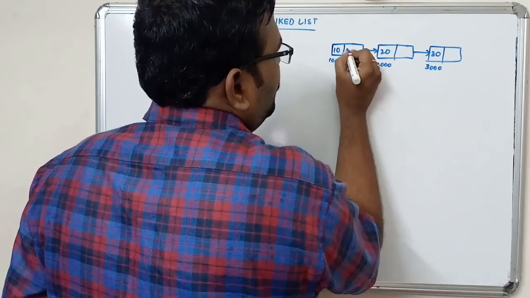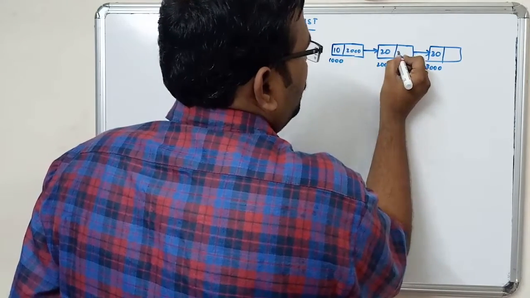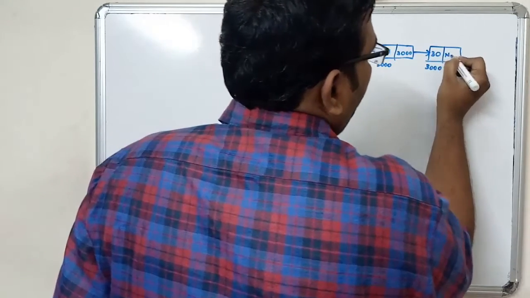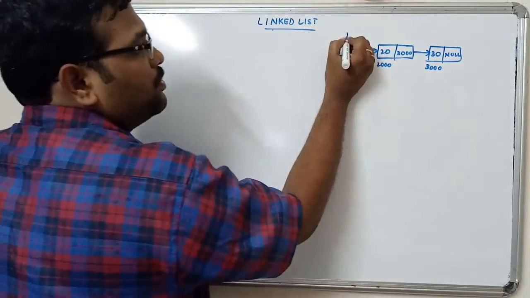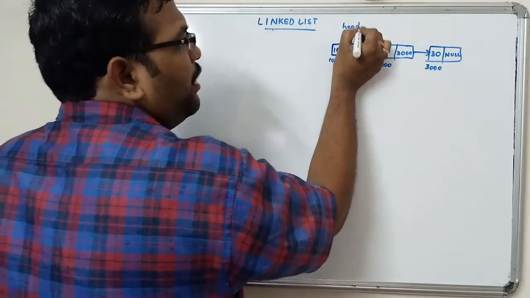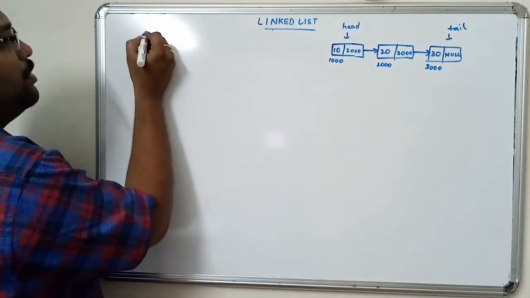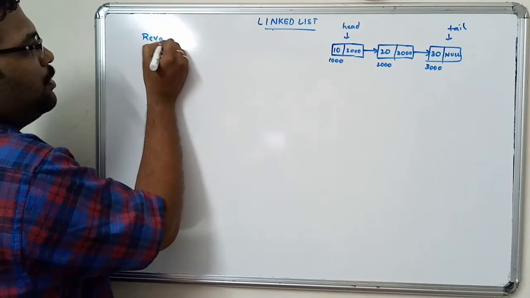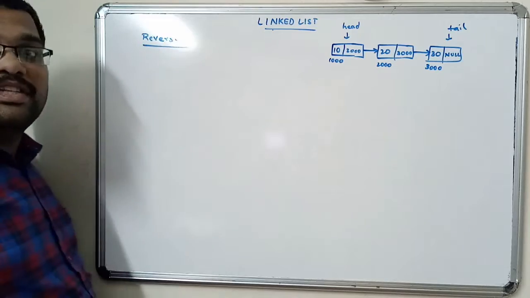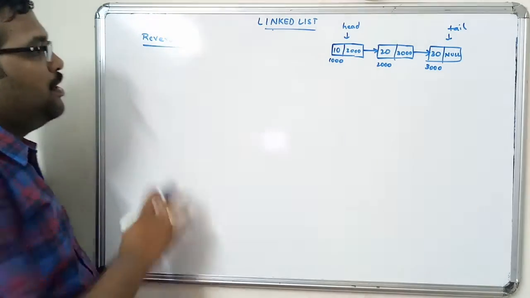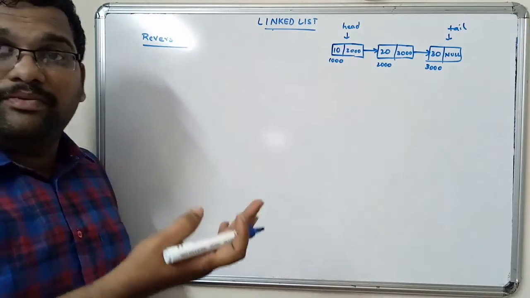So here it will be 2000, here it will be 3000, here it will be null, right? So this is the head and this one is the tail. Now reversing a linked list. Now let us write the code and then we will trace it.